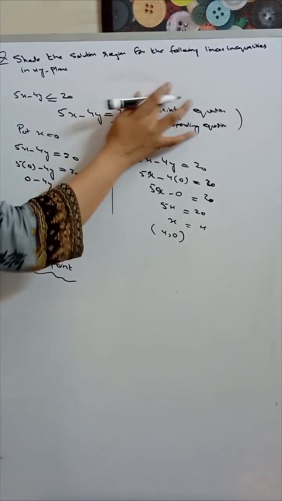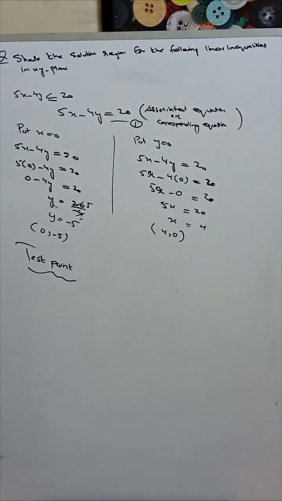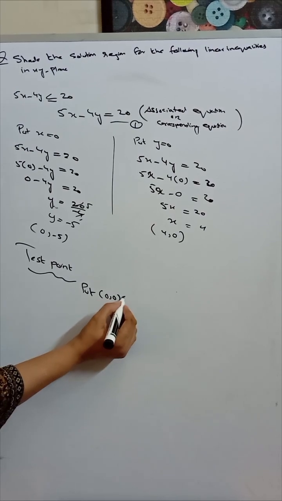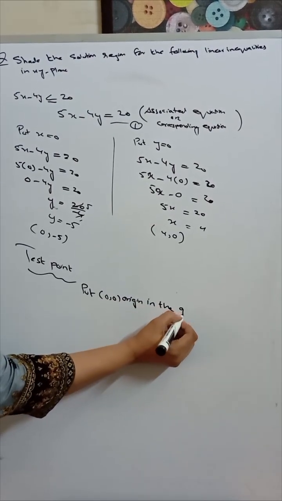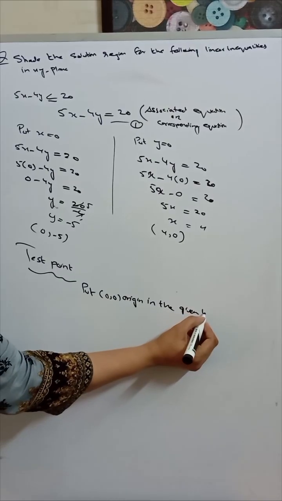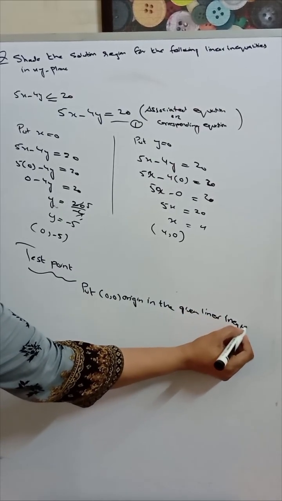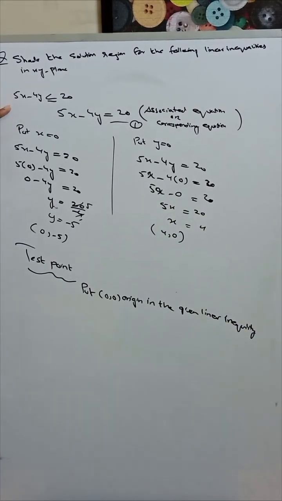I'm just telling you a short abbreviation of it. Now test point. Test point is what? Put 0, 0, the origin, in the given linear inequality. We have to put 0, 0 in the given inequality.